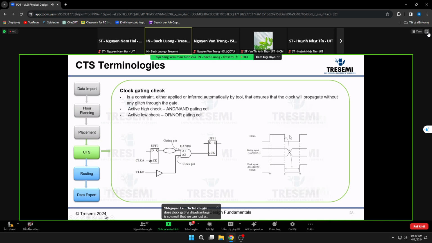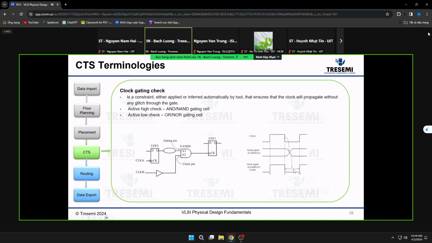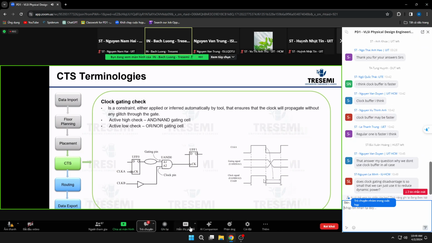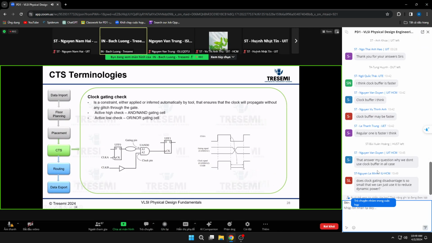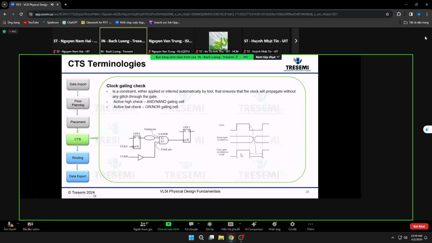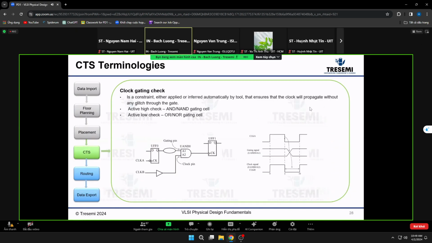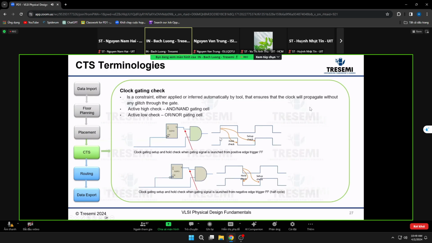On the falling edge, you can see the signal changes here, so you can actually meet the setup and hold both on this. If you have a full cycle path, then you have a problem with meeting hold. Okay. So this particular check.